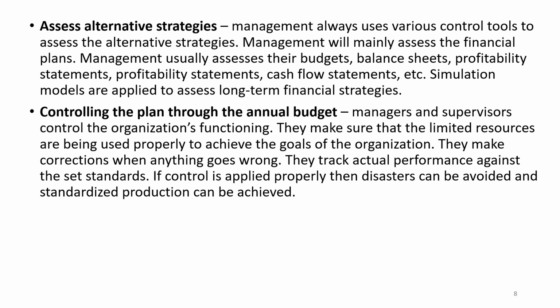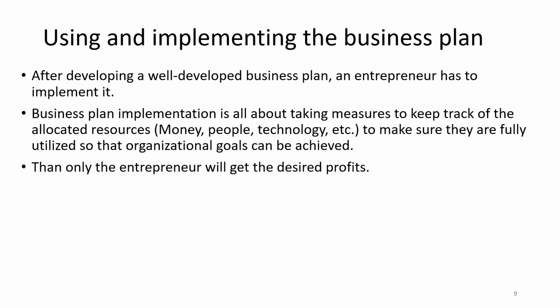They will prepare an annual budget where they mention the capital and how many resources. They will see whether the performance of the company is against the standards. This budget will help them achieve standardized production, which is effective and efficient. This is how the business plan is done, the steps of the business planning process.